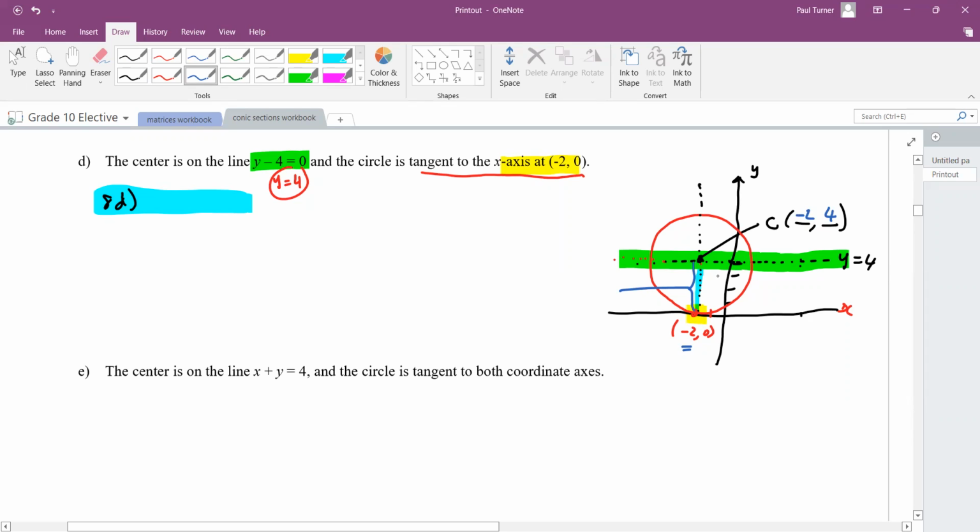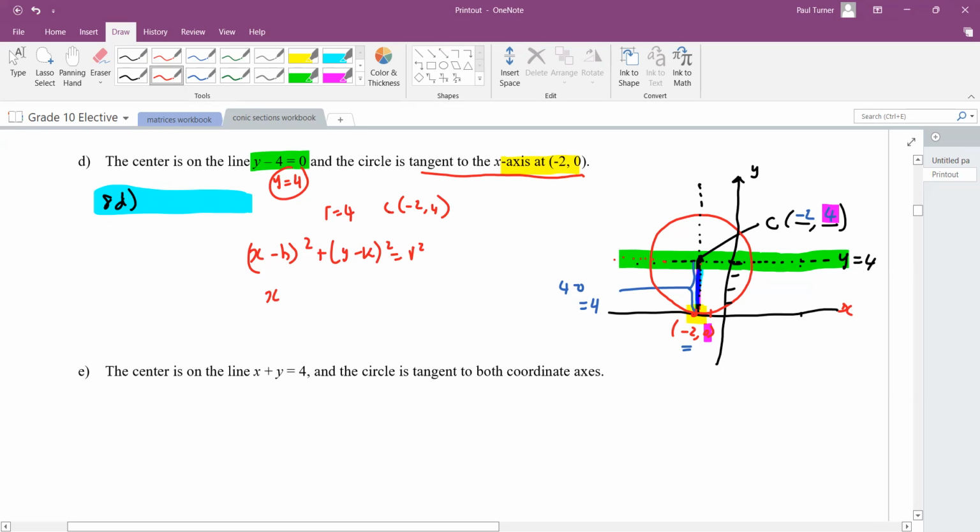The radius is calculated as 4 minus 0, which would be 4. So your radius will be 4, and your center is -2, 4. So for our equation, we would have x minus h squared plus y minus k squared equals r squared.